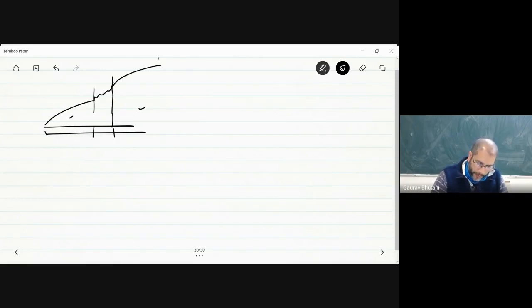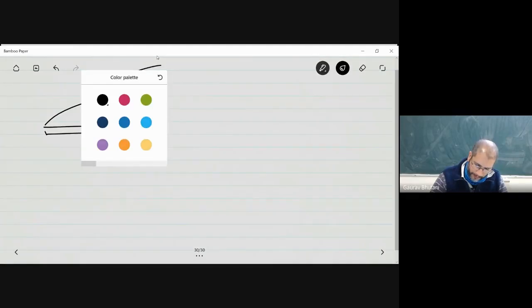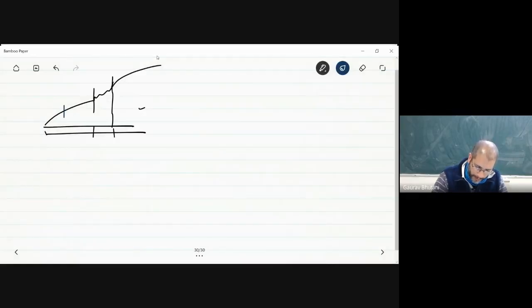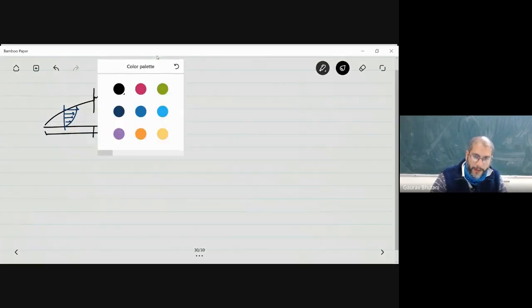When we used to draw the velocity boundary layer profiles, we used to have this kind of a parabolic velocity profile in the laminar region, and then in the turbulent region we had this flat velocity profile.